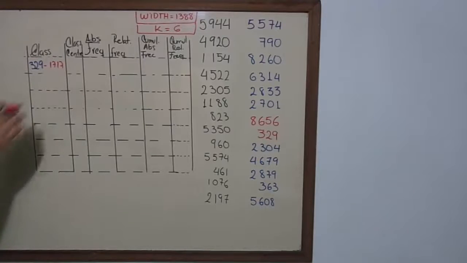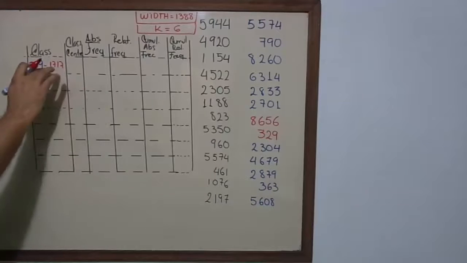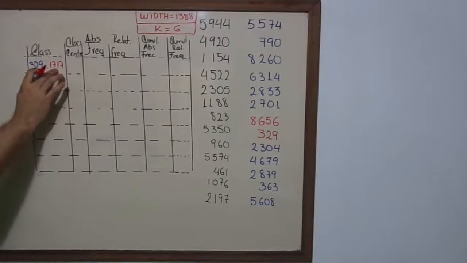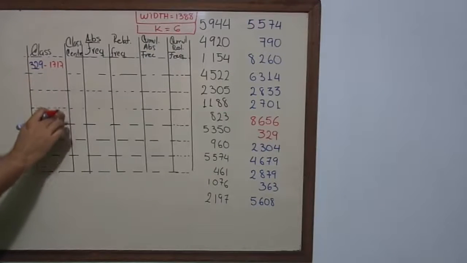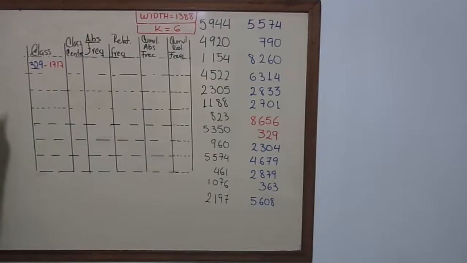Now, since this is the width of the interval, we only need to add 1,388 to this value and place it here, here, here, here, here, here, and that's going to be the upper level of every class.